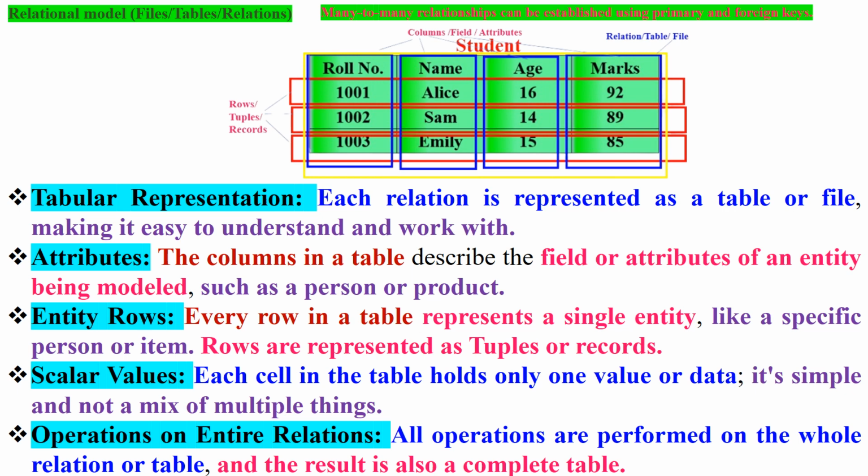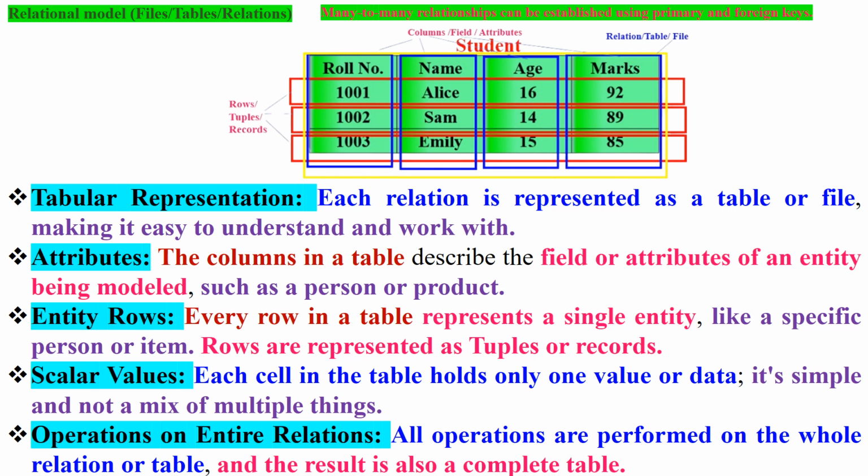Next is the attributes. The columns in a table describe the fields or attributes of an entity being modeled, such as a person or product. Entity rows. Every row in a table represents a single entity, like a specific person or item. Rows are represented as tuples or records. Scalar values. Each cell in the table holds only one value or data.